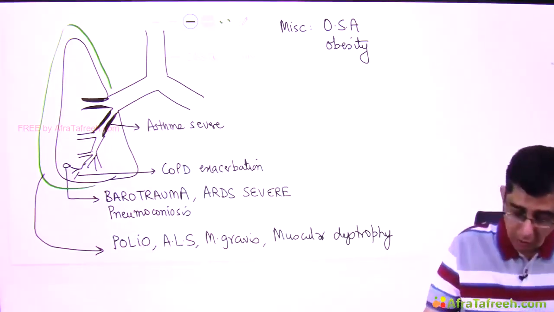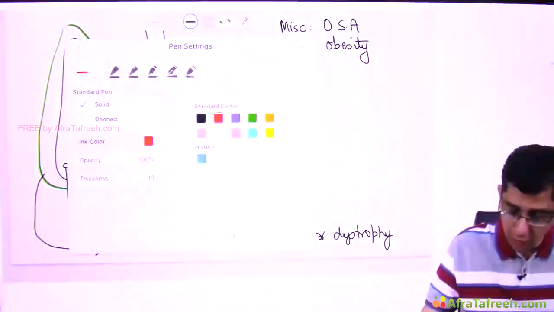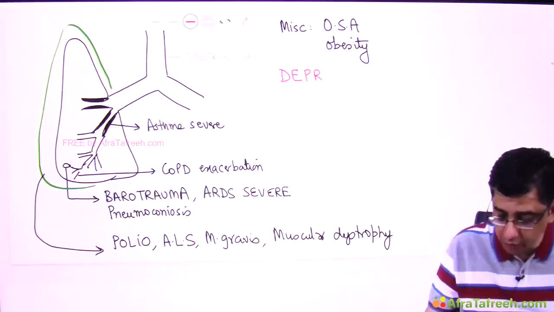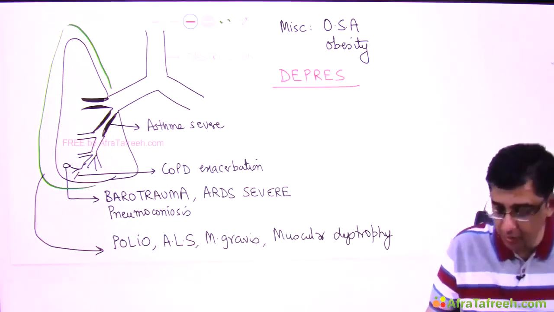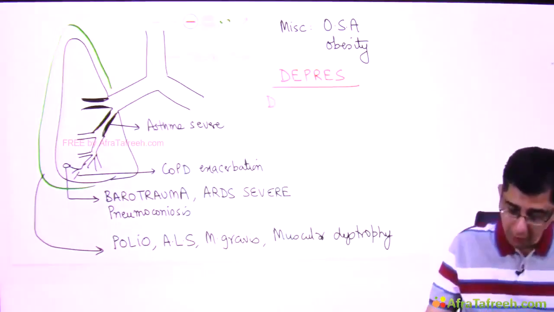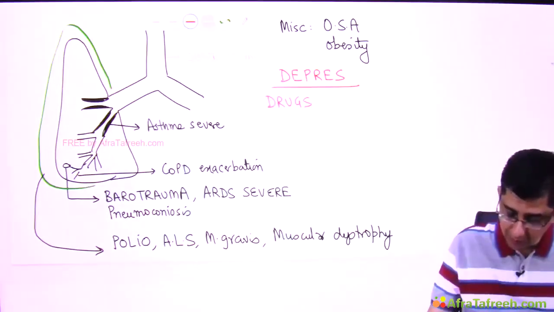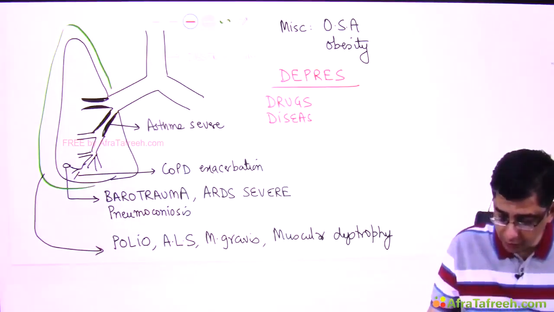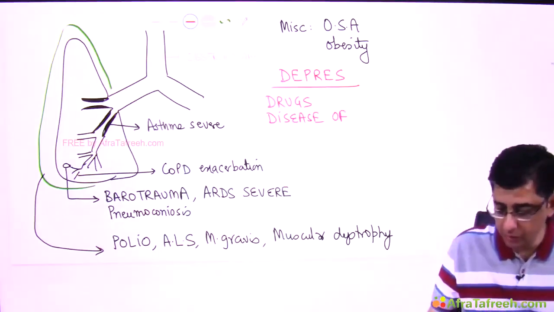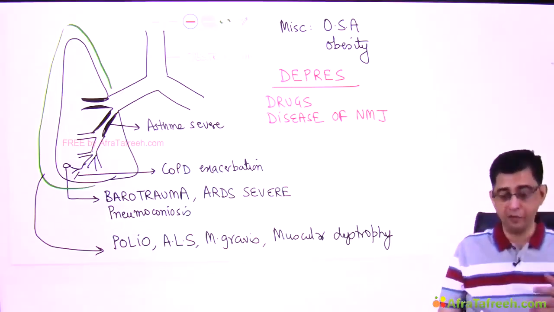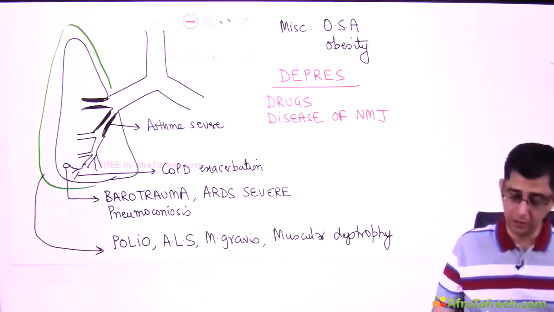So I am just going to use a small mnemonic to highlight the causes of respiratory acidosis in a patient, and you can just remember this word: DEPRESS. What I mean by D is drugs, which could be depressive. D could also stand for diseases of the chest wall, especially of the neuromuscular junction, which could be affecting the performance of the muscles of the chest.